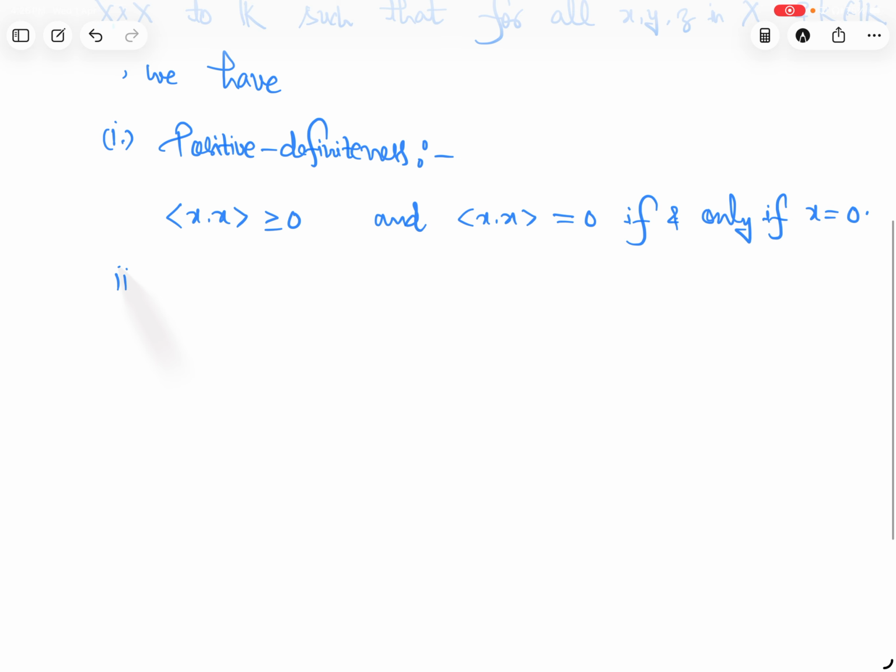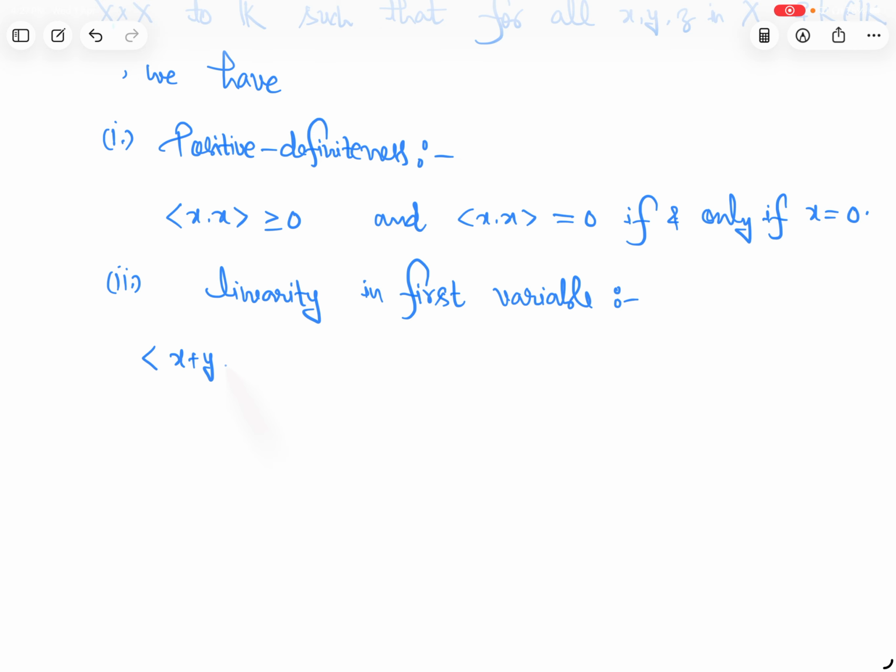The second property is linearity in the first variable. What does it mean? It means you fix the second variable and vary the first variable, then it will be a linear functional.